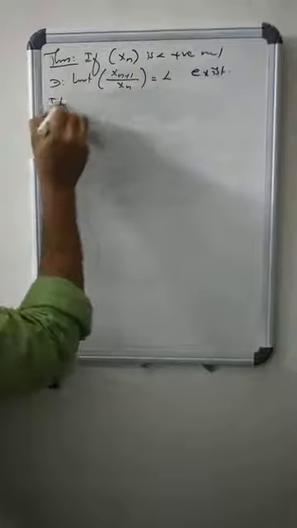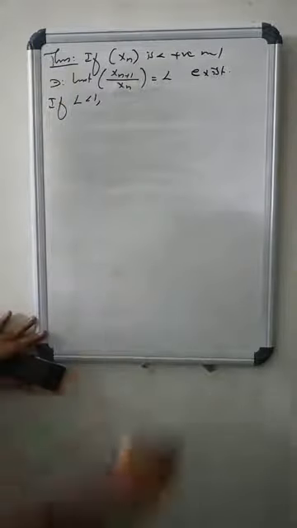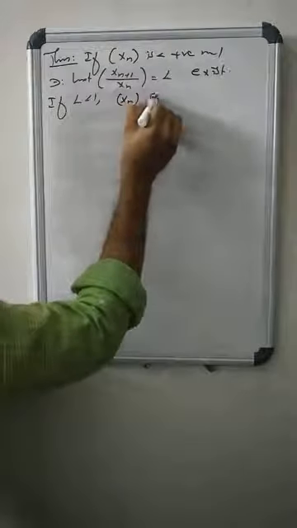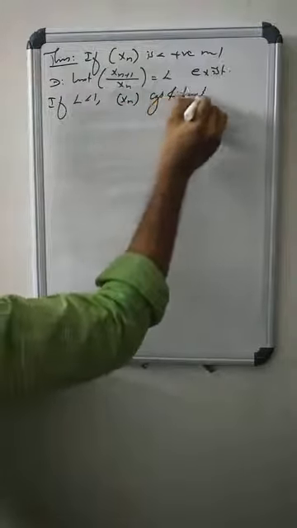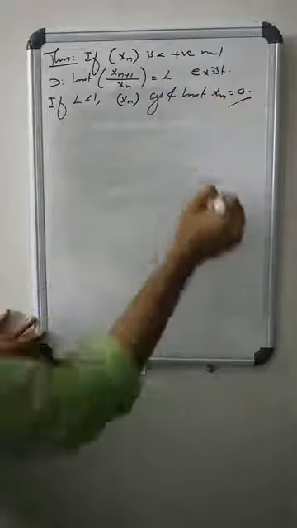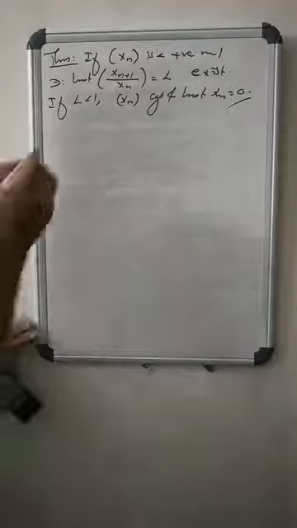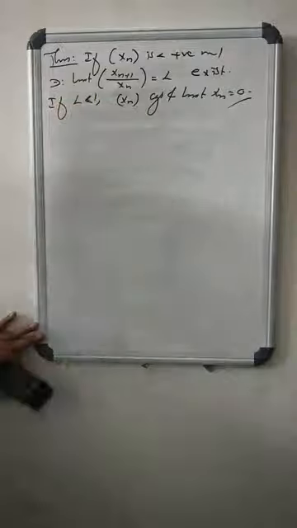If L is less than 1, then the sequence {xn} converges and limit xn equals 0. So this is an important result. If {xn} is a sequence of positive real numbers with limit x_{n+1}/x_n = L existing, and if L is less than 1, then {xn} converges and limit xn equals 0.